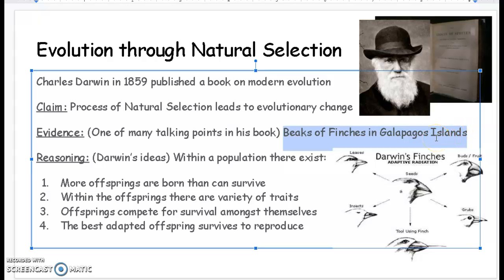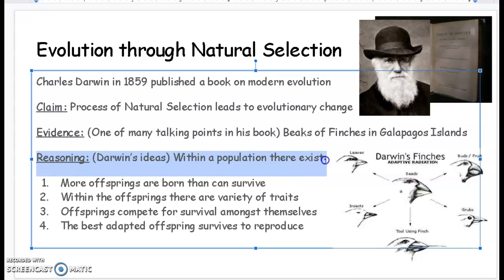Now, Darwin, as he traveled around the world, studied fossils, and he observed birds and other animals. And so that is his evidence. Now, while he was traveling, he had to interpret his evidence. And so he came up with this very rough idea, four steps.